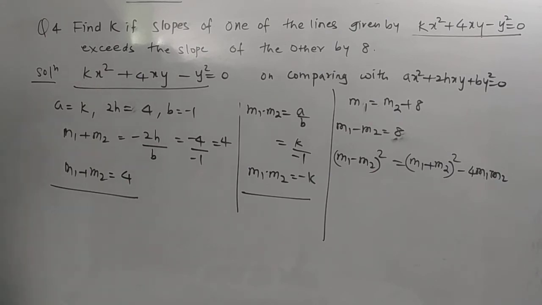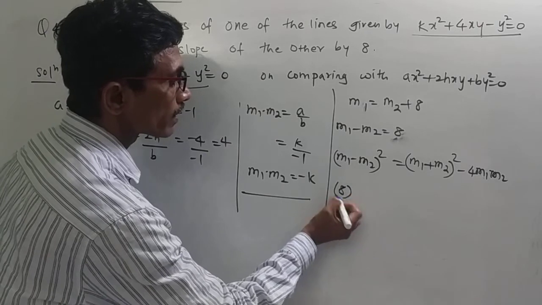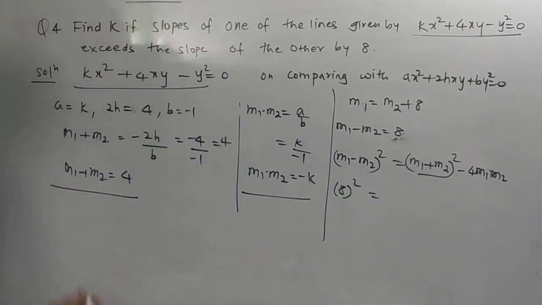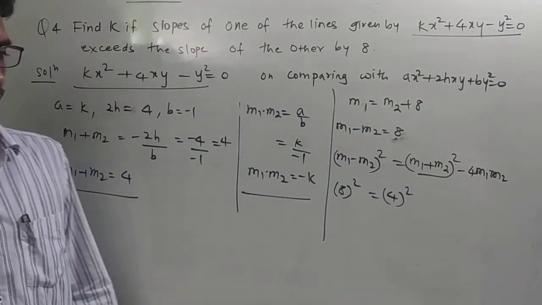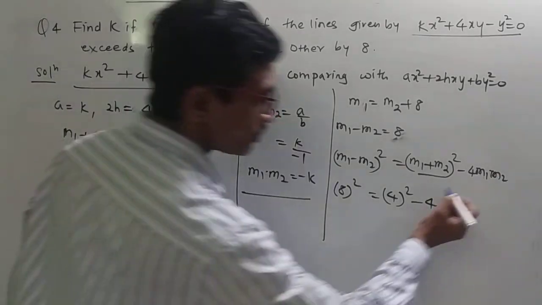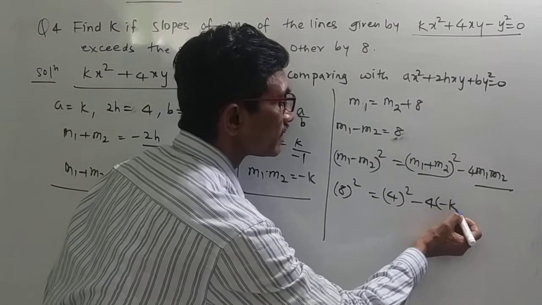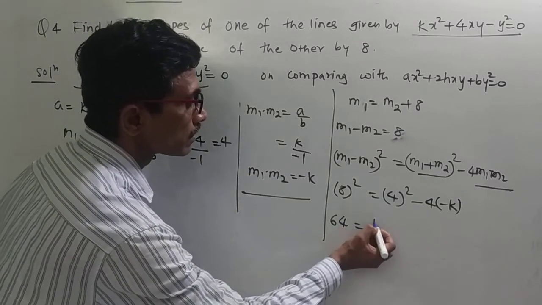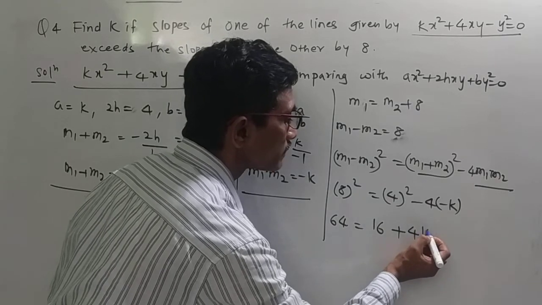So we'll use that identity. m1 minus m2 is equal to 8, so 8 square, equals m1 plus m2, which is 4 square, minus 4 into m1 m2. m1 m2 is equal to minus k. So this is 64, equals 16, and minus of minus will be plus 4k.